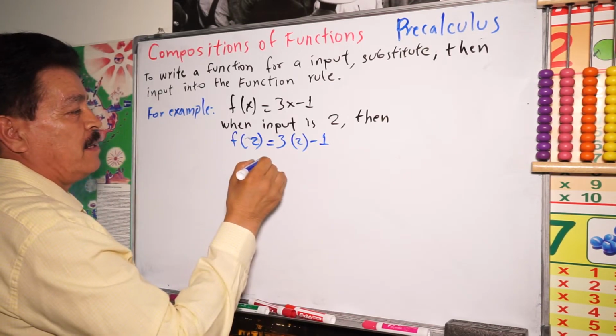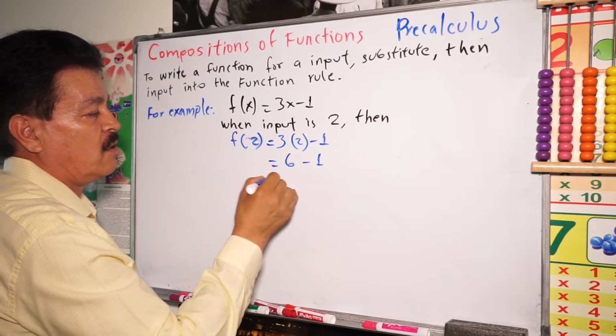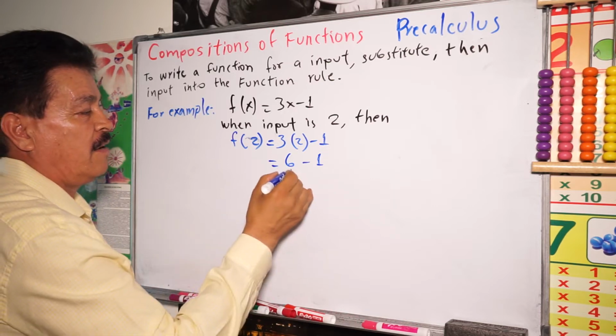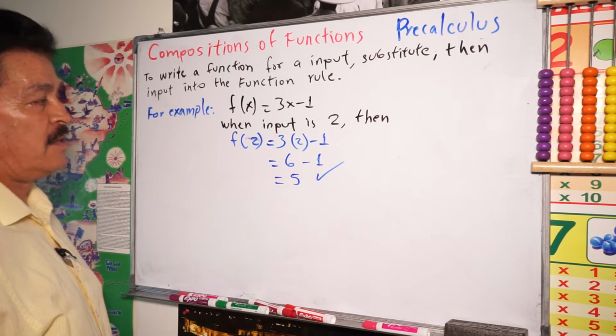This is equal to 3 times 2 is 6, minus 1, so 6 minus 1 is 5. This is the answer.